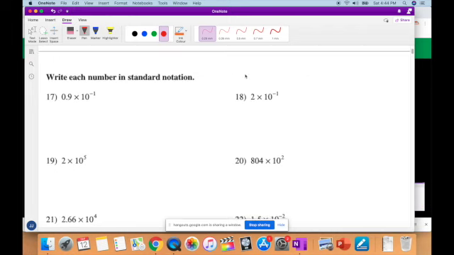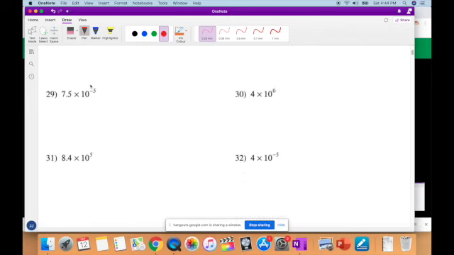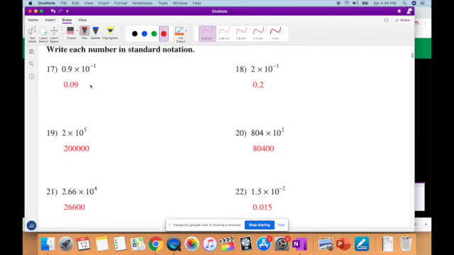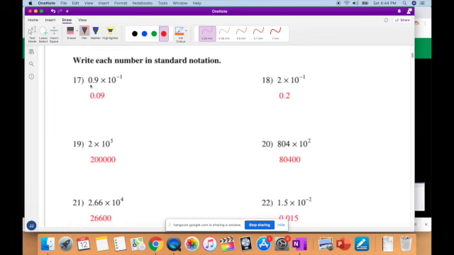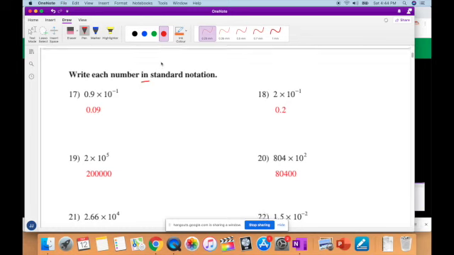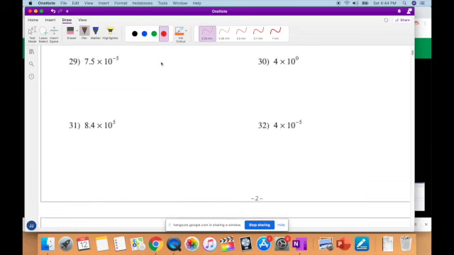For example, this in standard form would be 2.0 times 10 to the negative 1. Wait. Write each number in standard notation. That's actually a wrong question.